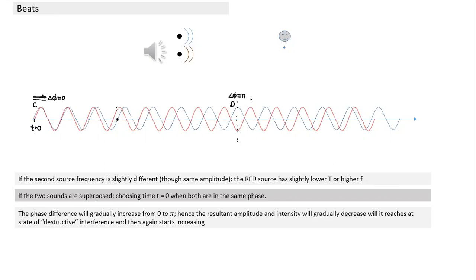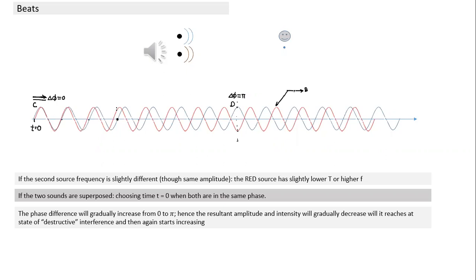Afterwards, the phase difference will become more than pi, and it may become equal to 3 pi by 2. Beyond this point, the phasor will look like this somewhere here. If the blue color is like this, the red color would have become something like this, more than 180 degrees.